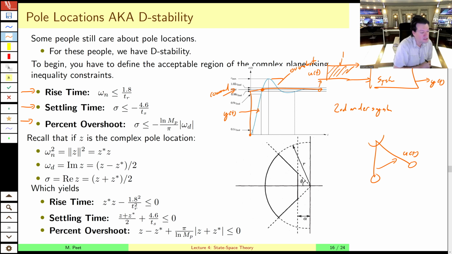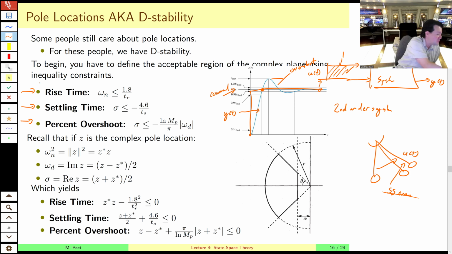And then it takes a while to actually get to its final destination, which may or may not be at your command. That's steady state error, and we're not going to talk about that. So in a perfect second order system, we can quantify this response using eigenvalues.